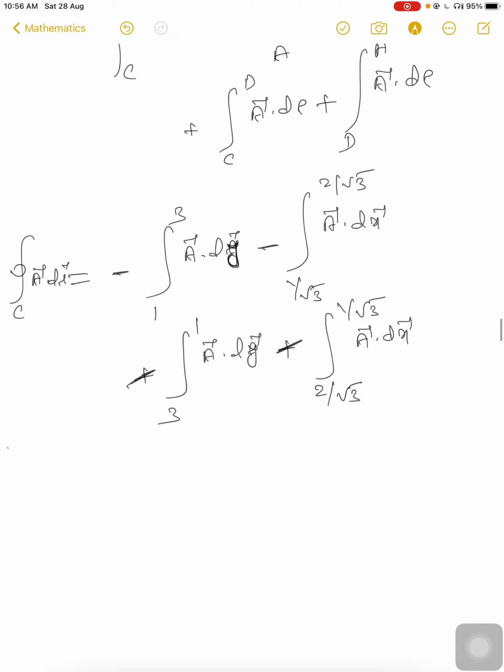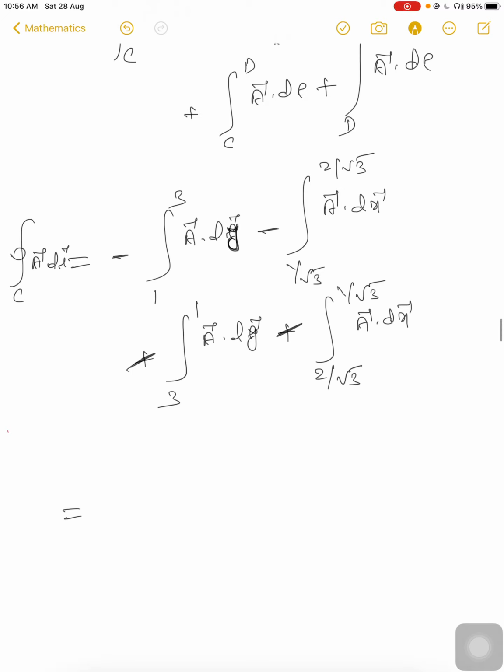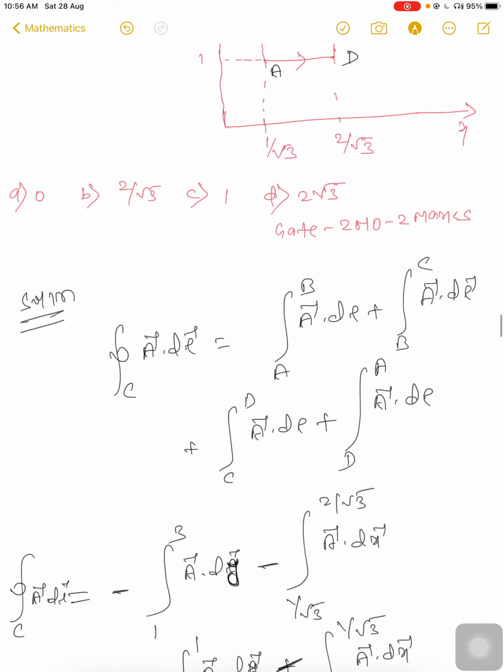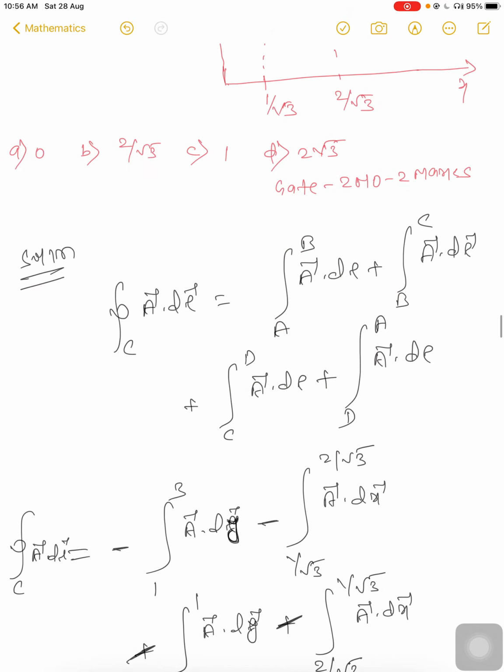Okay, now here will be negative sign, because opposite we have taken, so negative. Then if you are changing limit, then you will get the positive also. So 3 to 1, no problem, it will be positive.